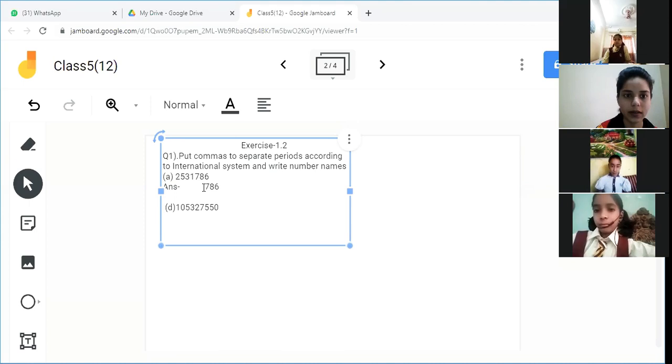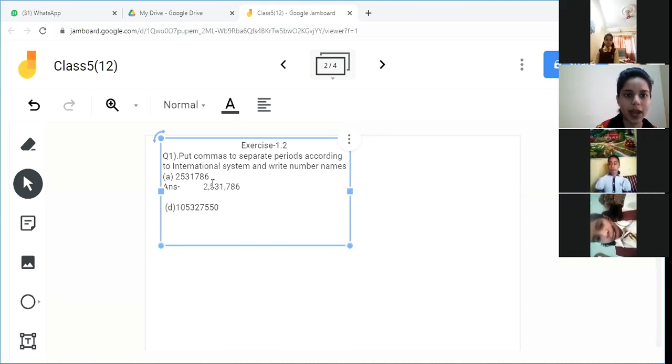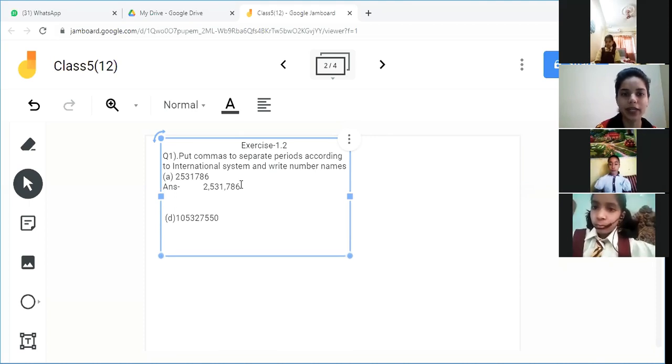Then before 1, 3, 5 we will put a comma. Then 2. So this is 2 comma 531 comma 786. So how will we read, children?